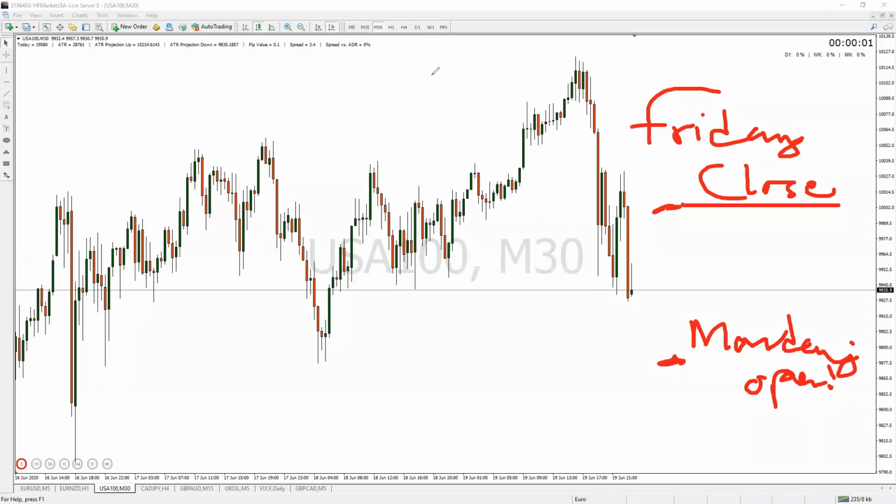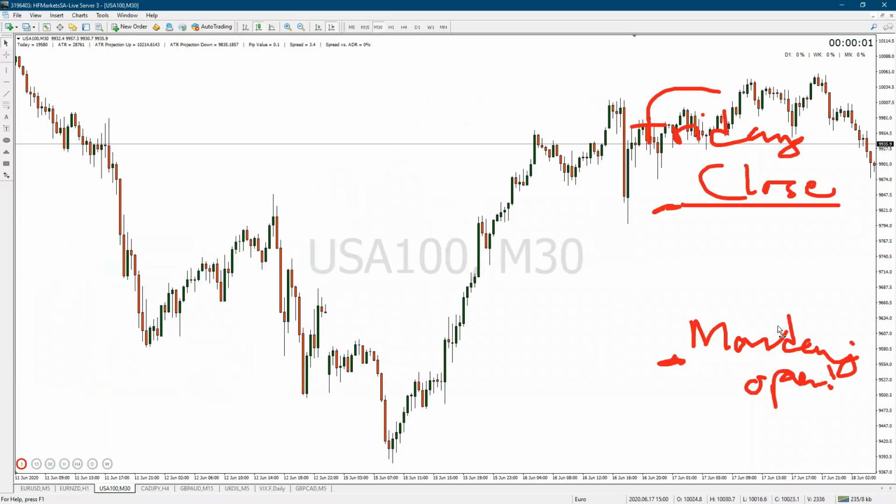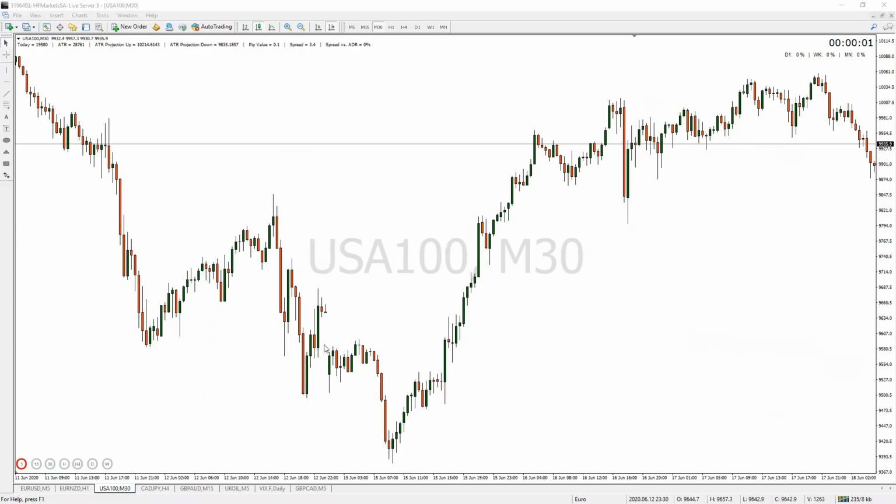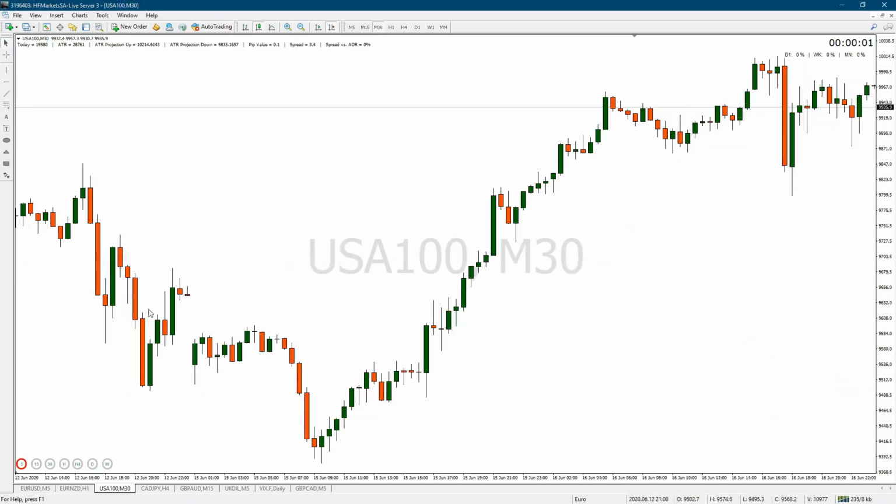For instance, let me see if I can move around, check last week Monday. You can see right here we do have a gap. Let me zoom in a bit. This was the last candle for Friday, this one right there, and this was the first candle for Monday or Sunday.